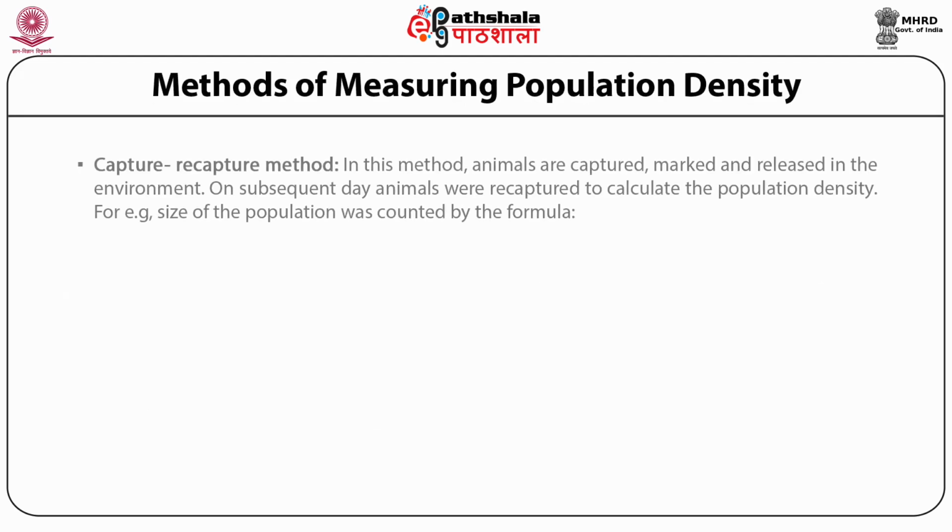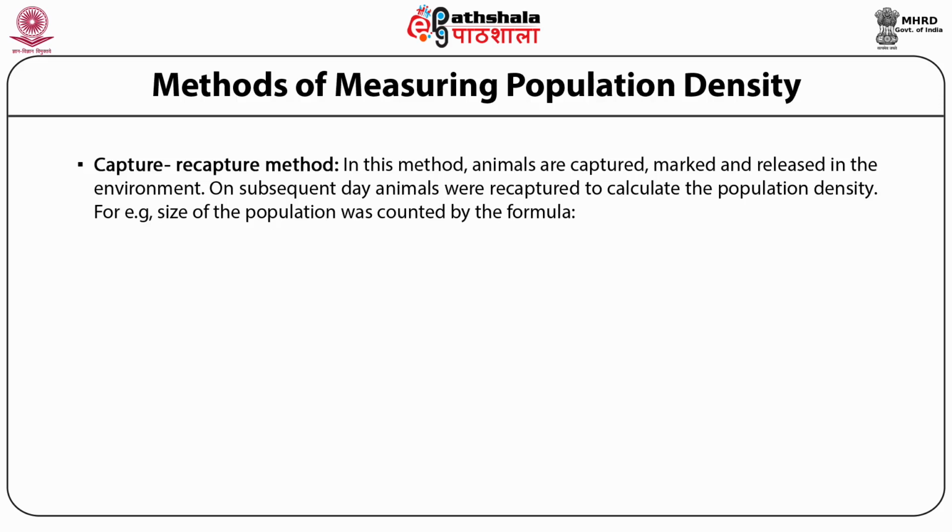Second is recapture method. The simple type of this method is known as the Peterson method, as it was developed by scientist C.G.J. Peterson in 1898. This method is used to count larger animals like birds, fishes, etc. The animals are captured, marked and released in the environment.